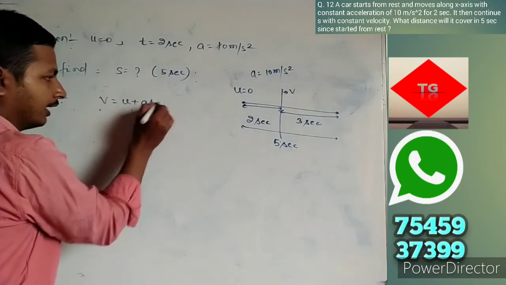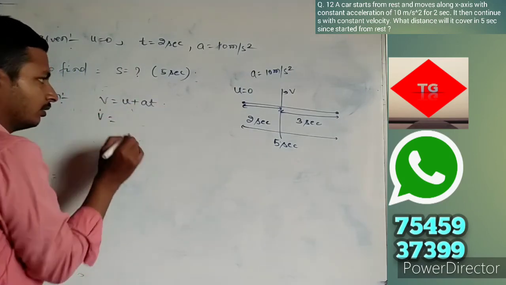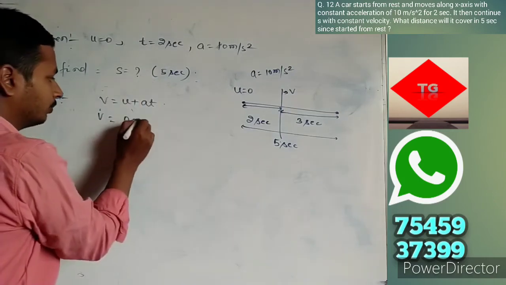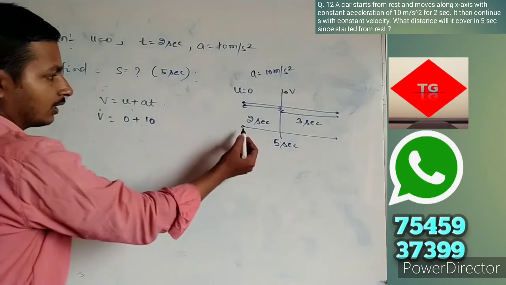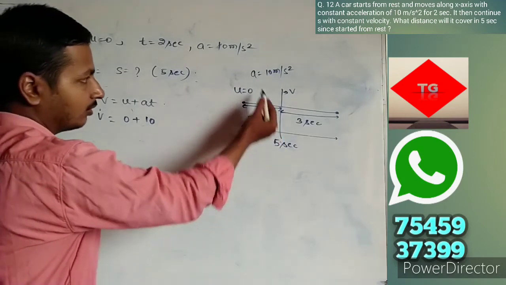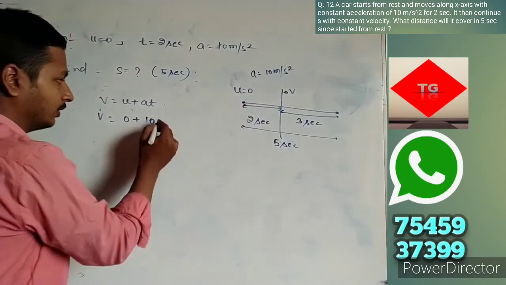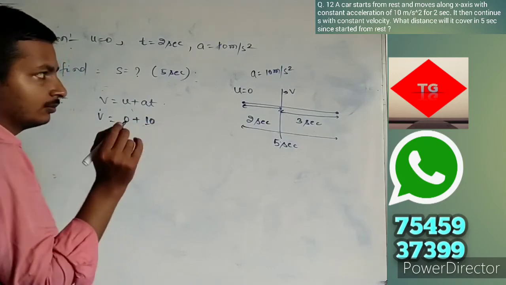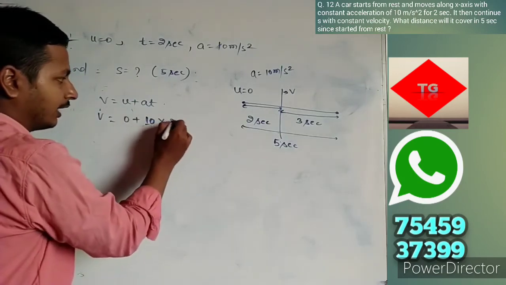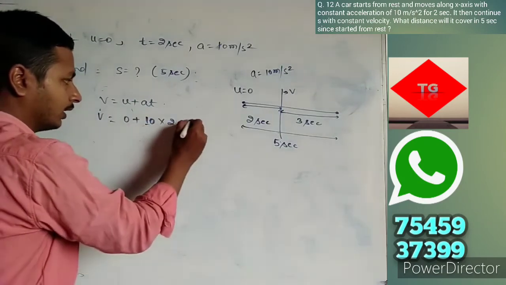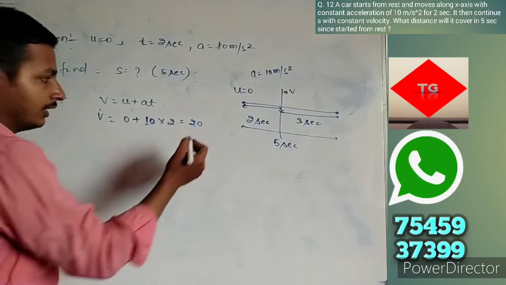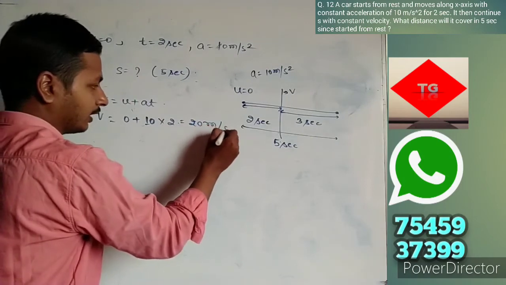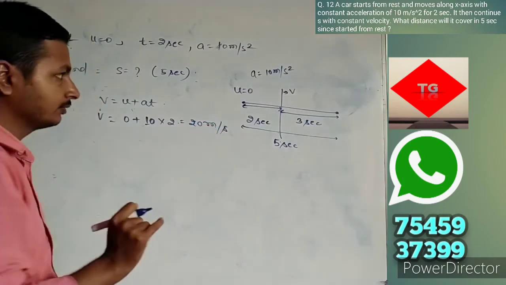Then if you put the values, 0 plus the car moves in 2 seconds with constant acceleration of 10 meter per second square, and the time is 2. Then here 20, and the SI unit is meter per second. Is it clear to you?